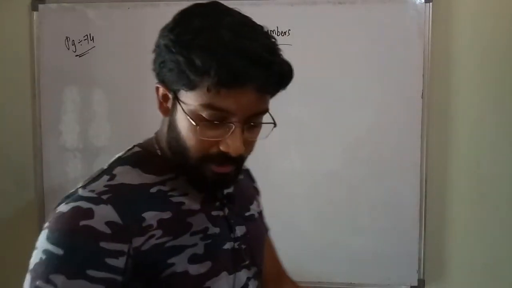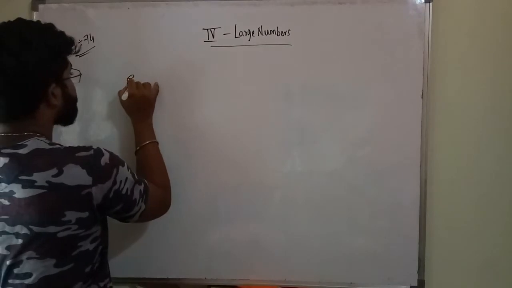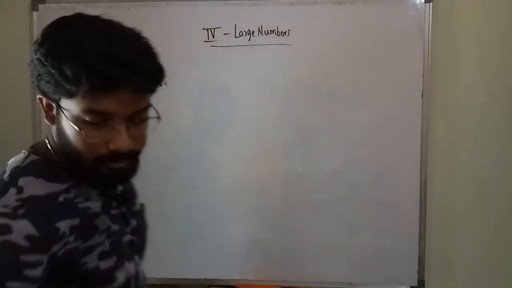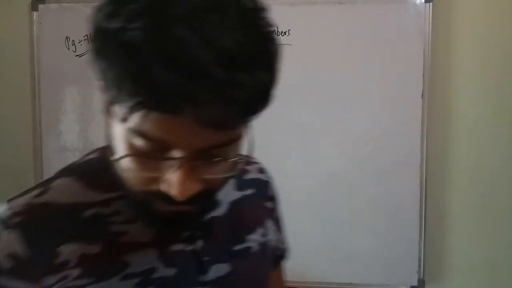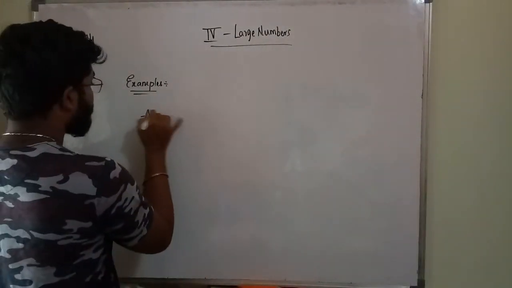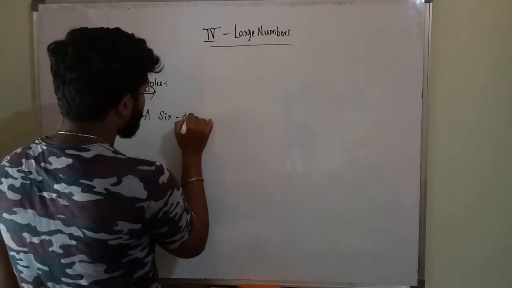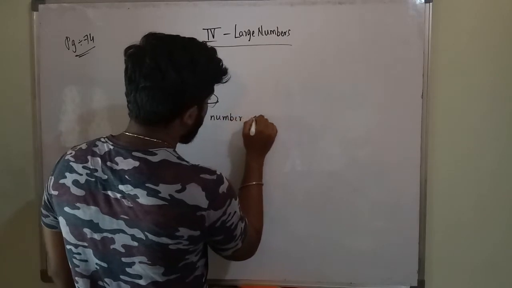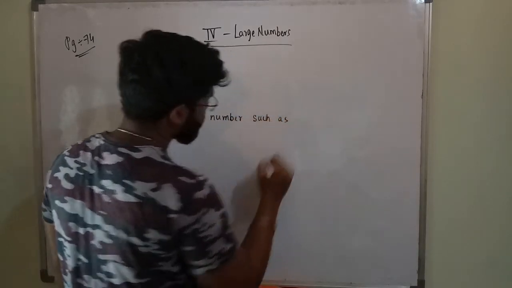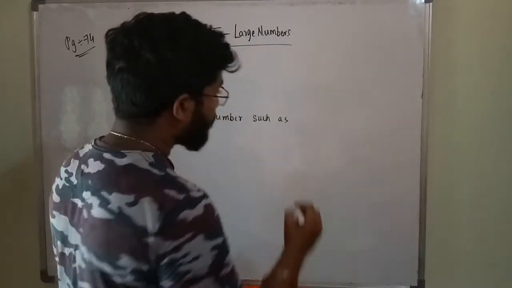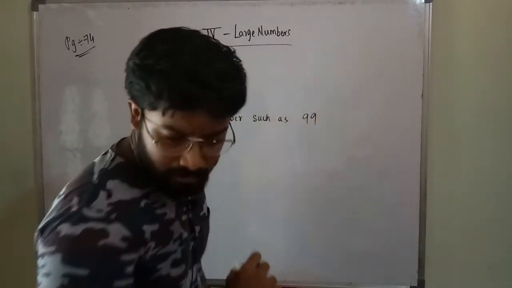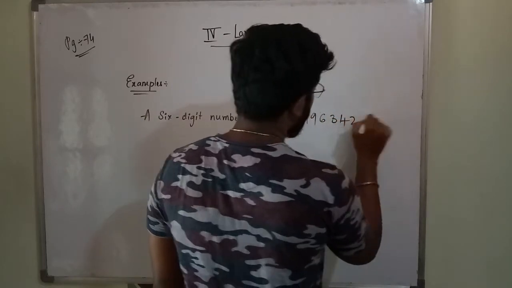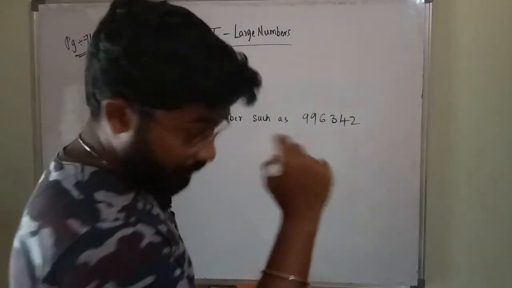Here he has given some examples. A 6-digit number such as 9,96,342 is written as.